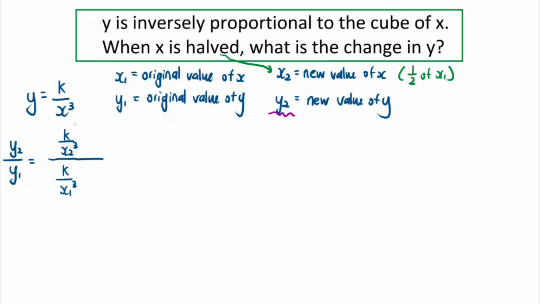Because this fraction is very complicated, let me simplify it a little. So y2 over y1, we can write as k over x2 cubed, which is the numerator in the previous fraction, divided by k over x1 cubed, which is the denominator in the previous fraction.